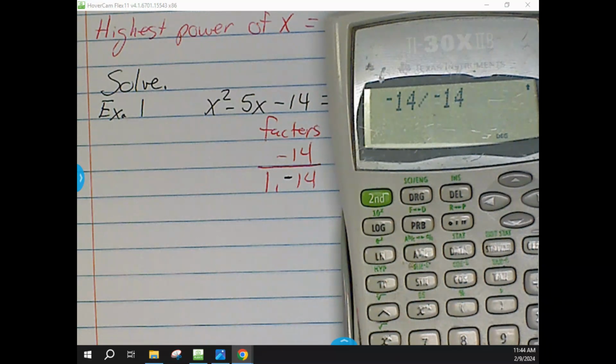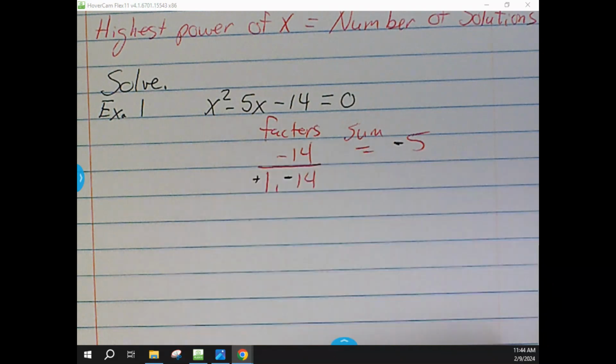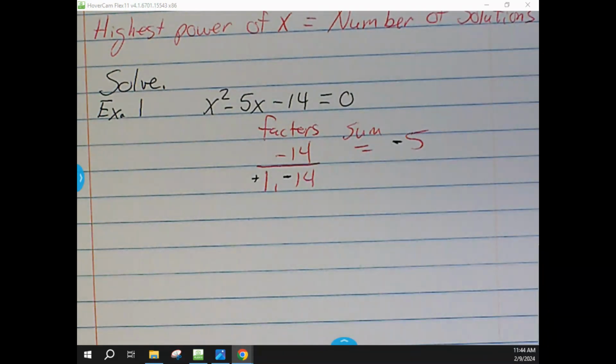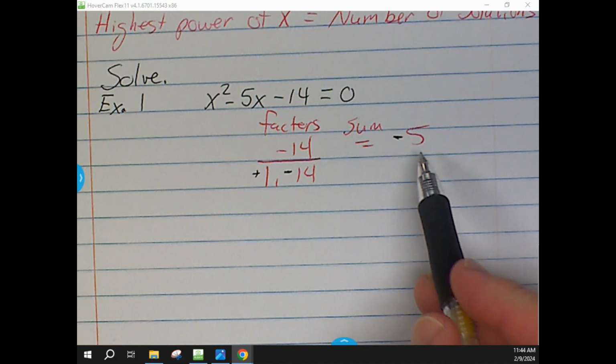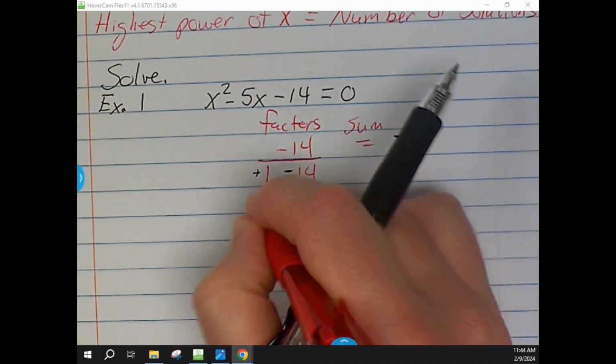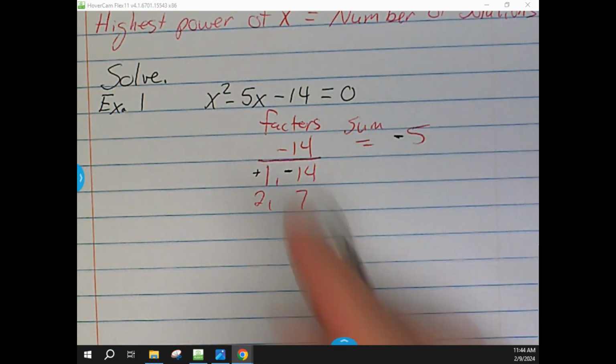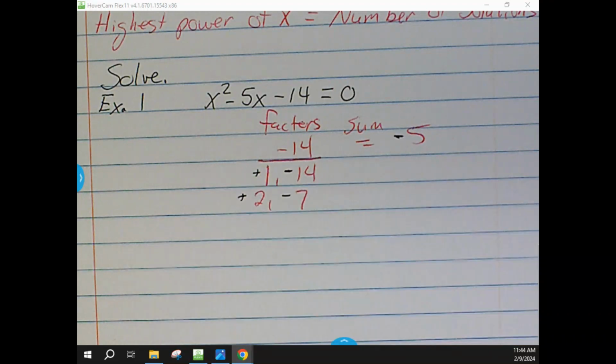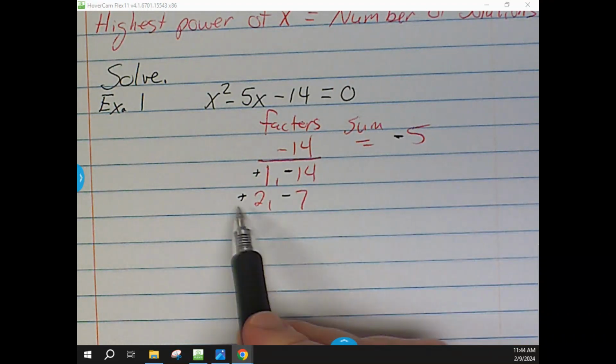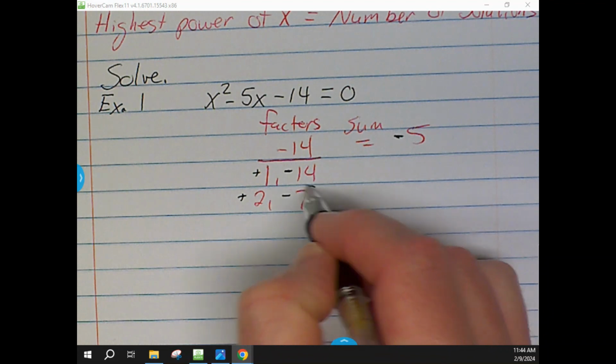If you've got 2 negatives, it makes the answer a positive. It's going to be a positive 1 and a negative 14. Now, that doesn't get us to negative 5. So we've got to use our other numbers, which would be 2 and 7, negative and positive. If you do 2 minus 7, that is negative 5, so that's the pair that we're looking for.